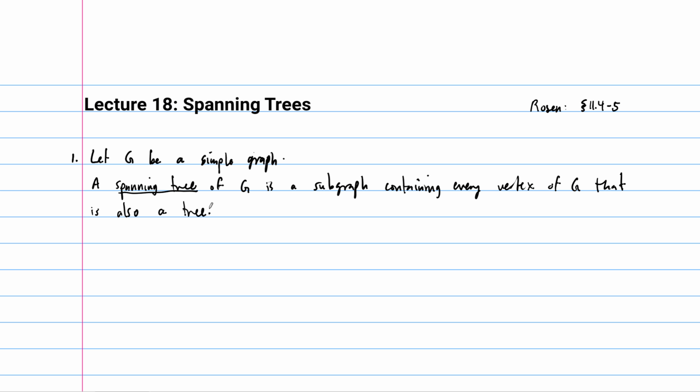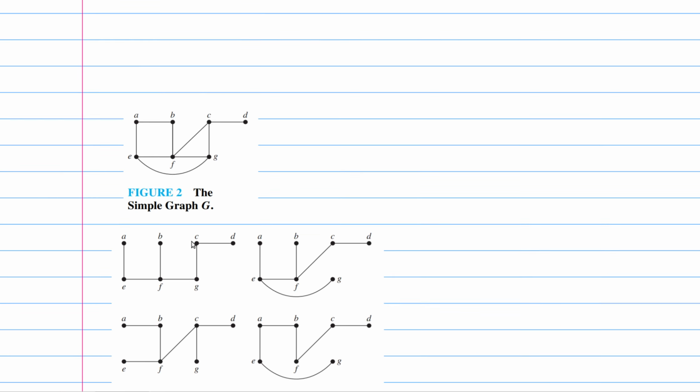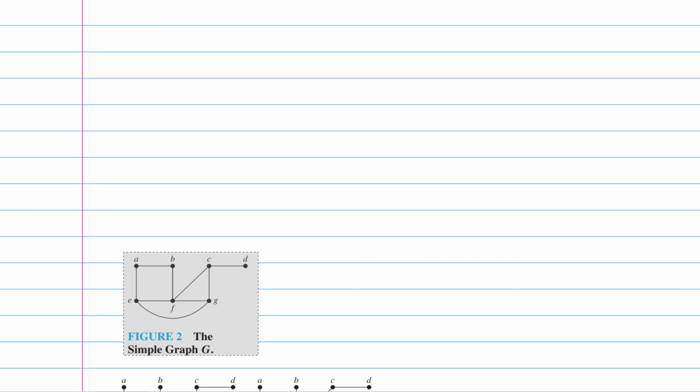Okay, so let's start then by looking at a simple graph G and trying to find a spanning tree. So I've got, as usual, a bunch of images down here. Here's one. So let's put this in context up here.